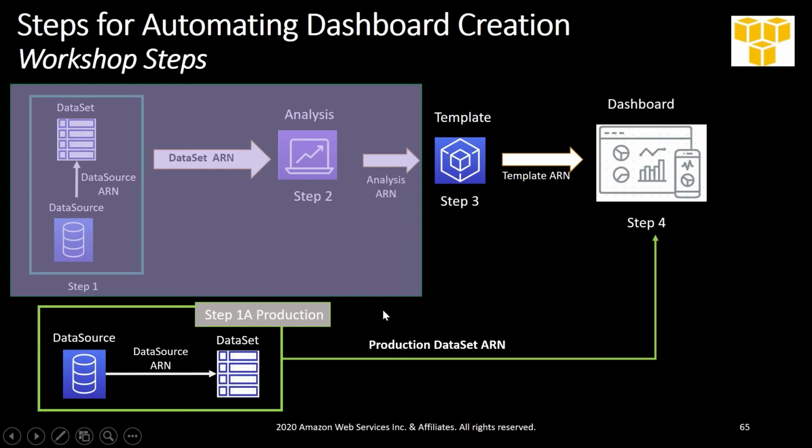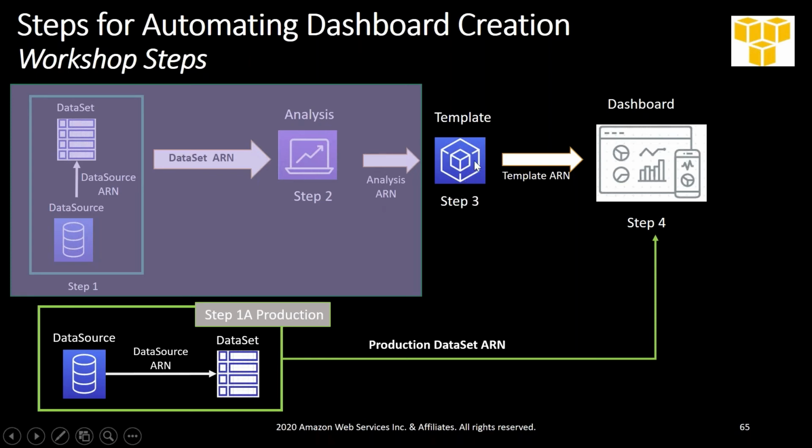So we'll first create a production data set in the lab, which will happen within the QuickSight console. Then we'll switch to Cloud9 because template can be created only using the API. We'll capture what is the dataset ARN. We'll capture the analysis ARN. We'll also capture the dataset ARN for the production dataset.